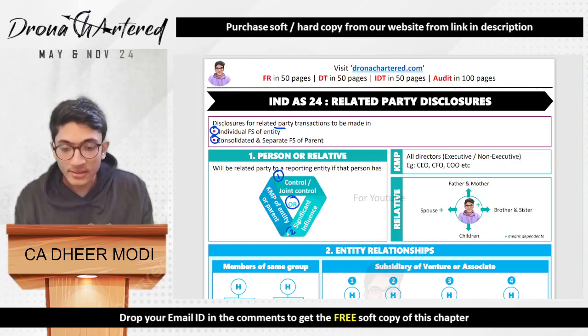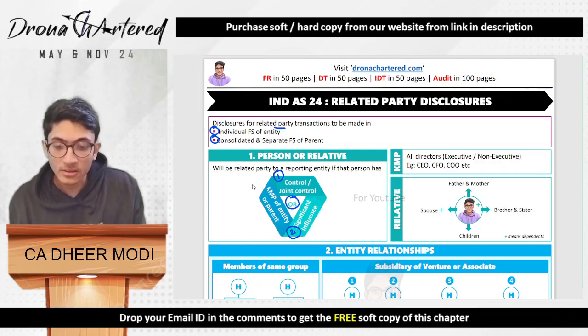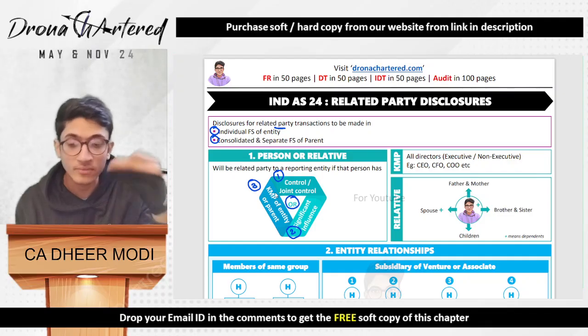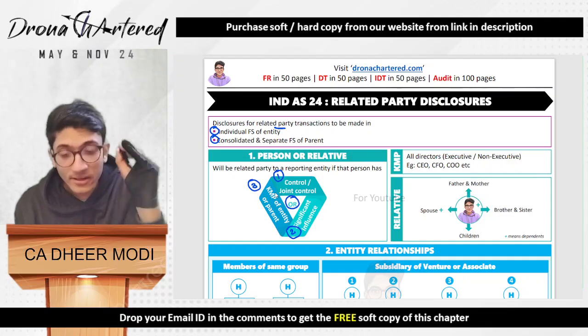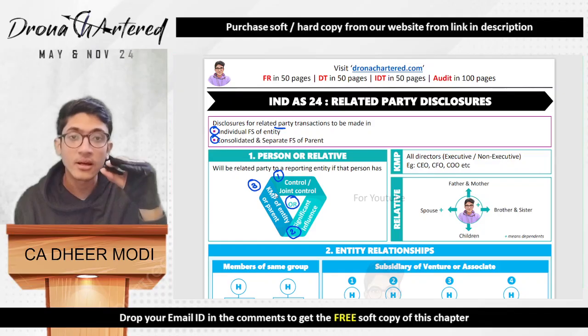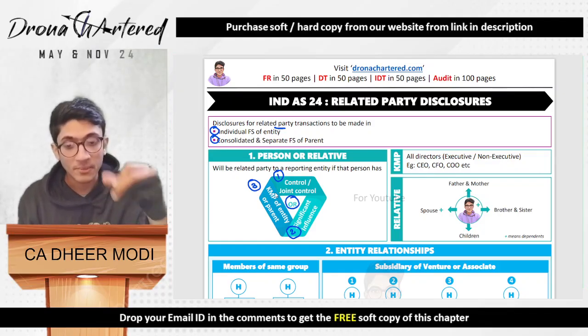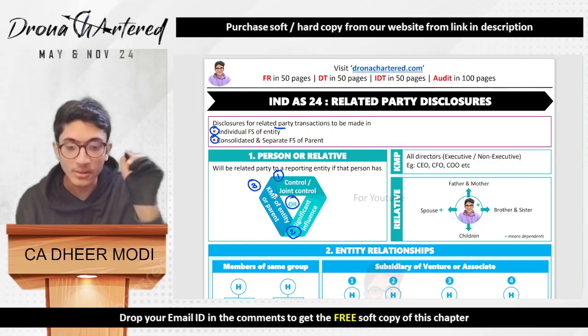Second, it has significant influence, and third, KMP of the entity or parent. It is either the KMP, key managerial person, of the entity, or the parent of the entity. If either of these is satisfied, then that person or the relative becomes a related party for the entity.